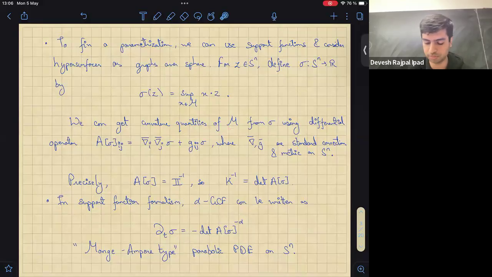And using the support function, we can also find its curvatures, using this differential operator. So A sigma ij is defined as the covariant derivative in the directions i and j of sigma plus g ij sigma, where nabla and g are the standard connection and metric on S^n.